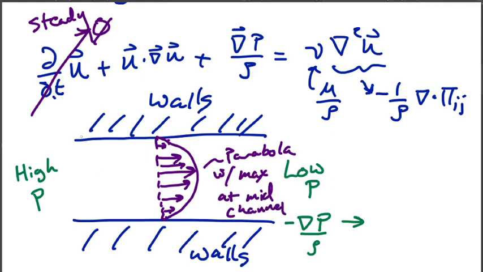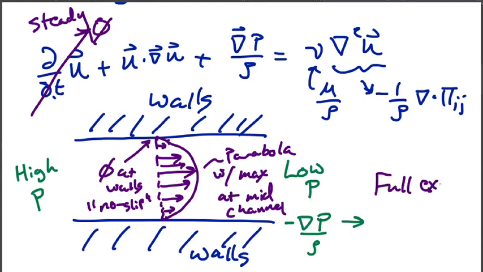I know it's going to be 0 at the walls. We would call this a no-slip wall boundary condition. And this is the full, exact, in fact, nonlinear solution. And that's quite a thing.